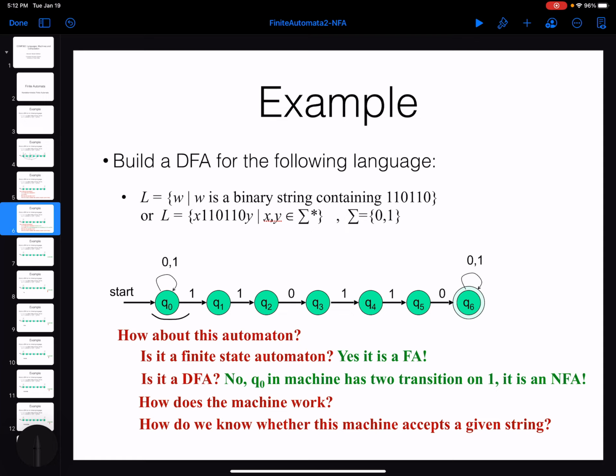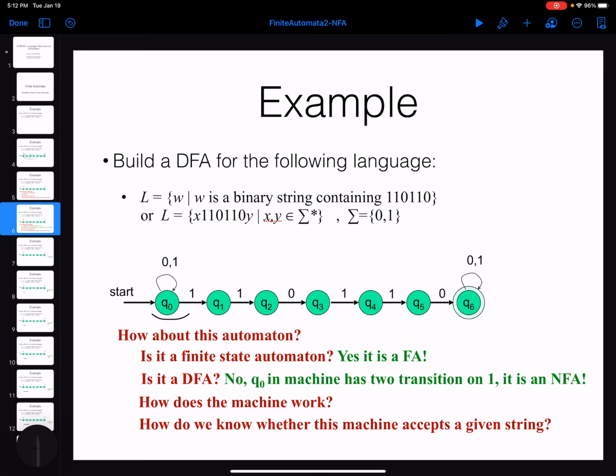We have talked about the deterministic finite automaton, and we have seen that in a DFA, at each situation you can be in only one state. But the difference between DFA and NFA is that in an NFA it is possible that at some situations you can be in more than one state.